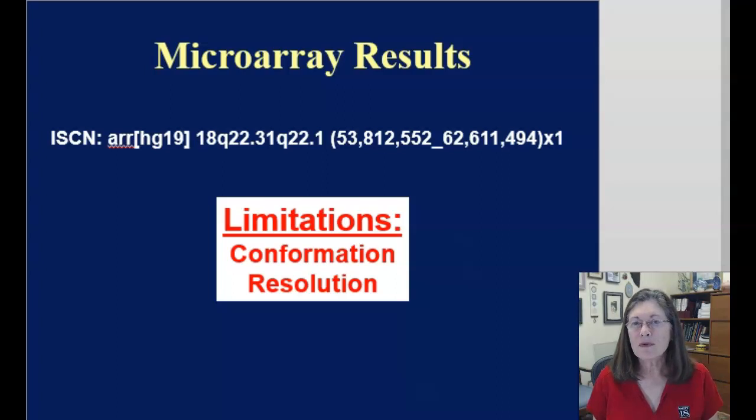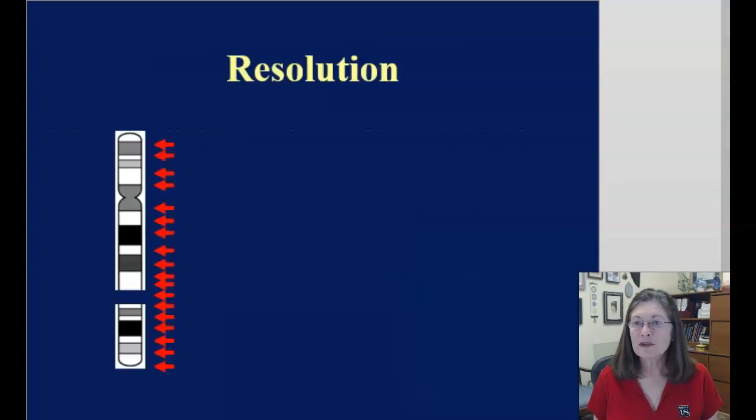The other really important thing is to ask about the resolution. Many, many early microarray reports were low resolution. Still better than the chromosome study under the microscope, but lower resolution. So let me show you. So here's an example. Again, this is against the map, and let's imagine that every one of these red arrows represents a probe on the microarray.